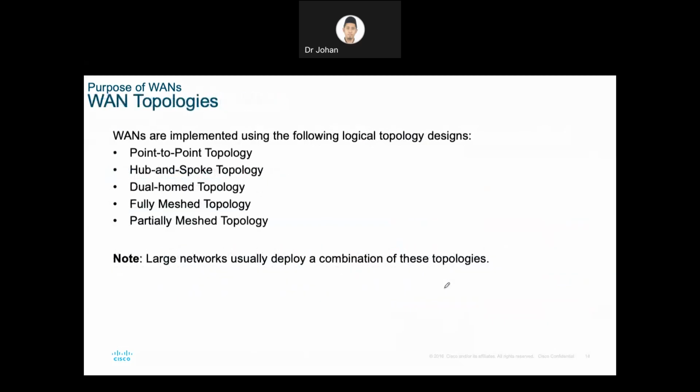WAN topology. WANs are implemented using the following topology designs: point-to-point topology, hub and spoke, dual-homed topology, full mesh topology, and partial mesh topology. Large networks usually deploy a combination of these topologies.